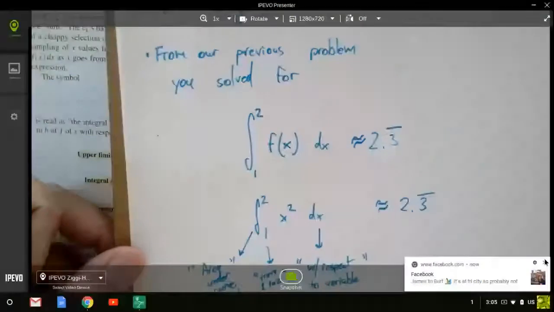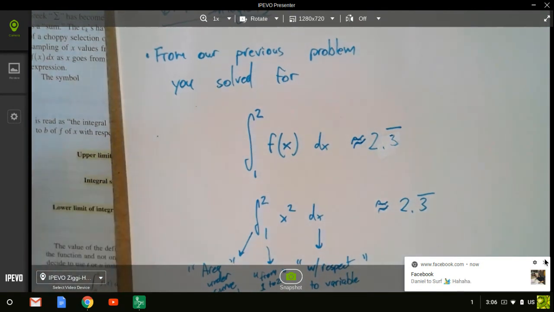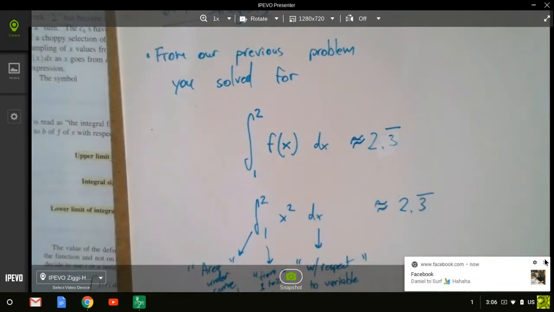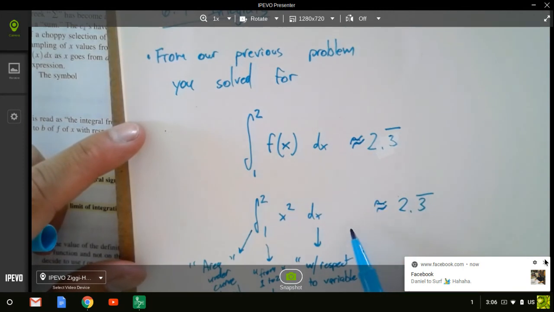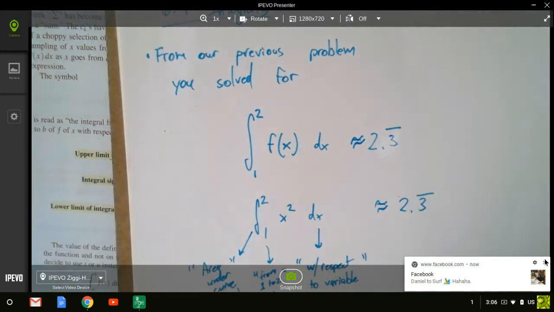With the trapezoids? Well, 2 1/3 was perfect. He's talking about there's a smidgen of space. Yes. When we get to Monday, this will no longer say is about equal to. It's going to be on the money, okay?